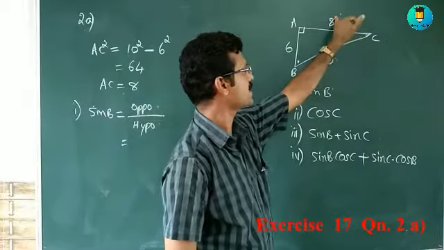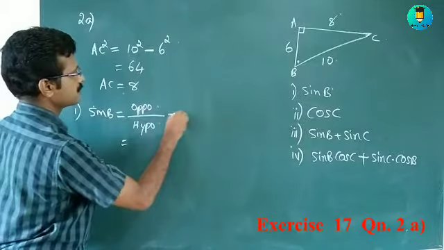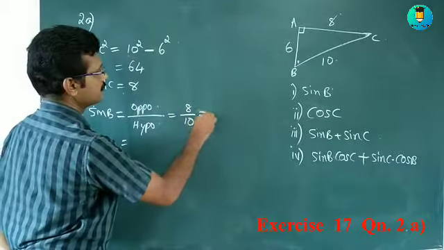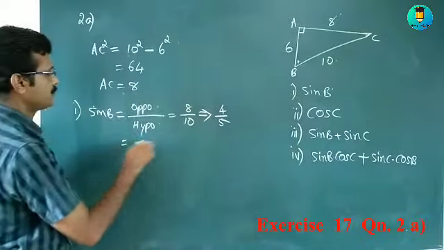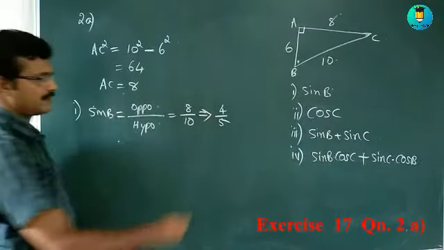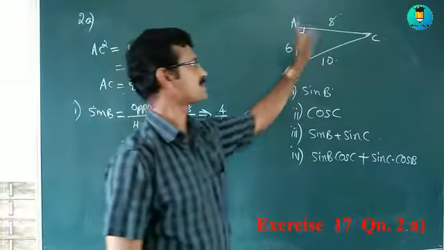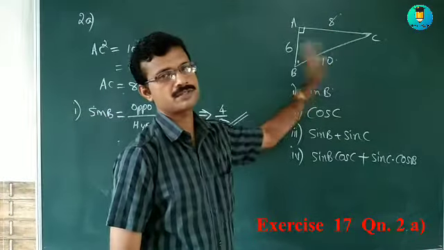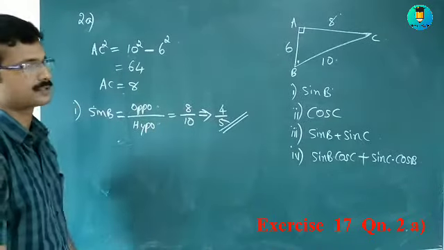So it will be 8 by 10. If you simplify further, it will be 4 by 5. I divide with 2. So this is the first part. Sin B with respect to B, opposite side this is, hypotenuse is this. You do need to know the ratio, then only you can do it.